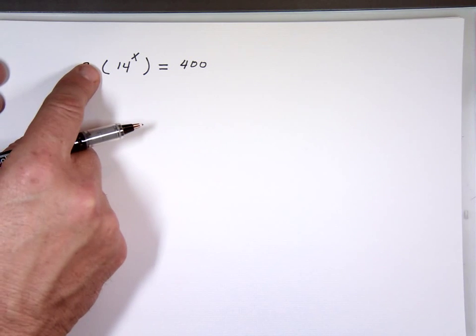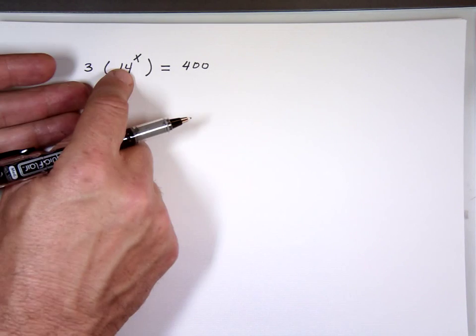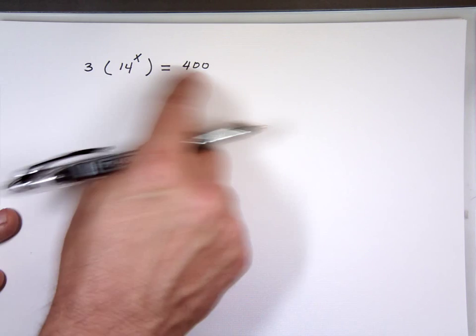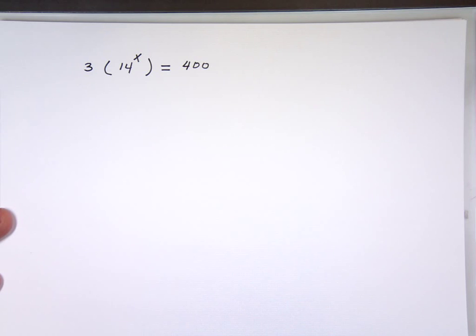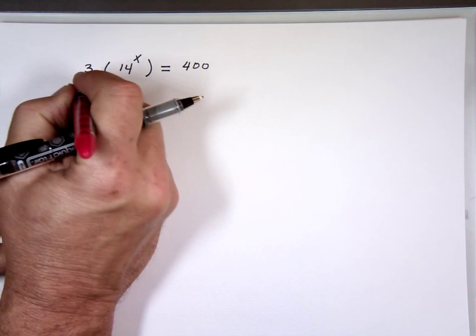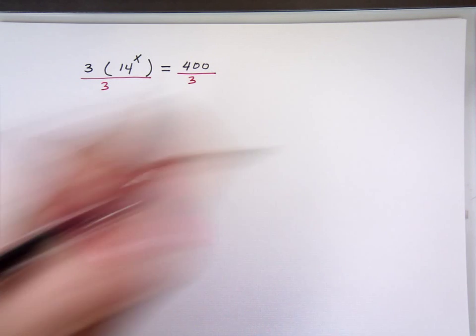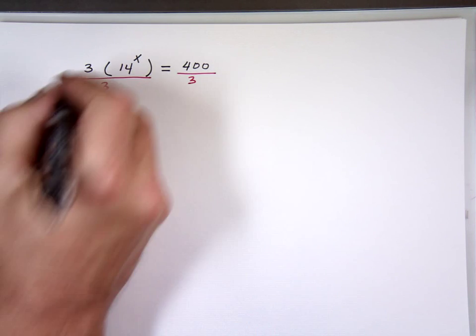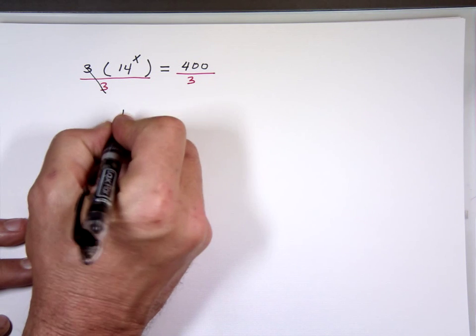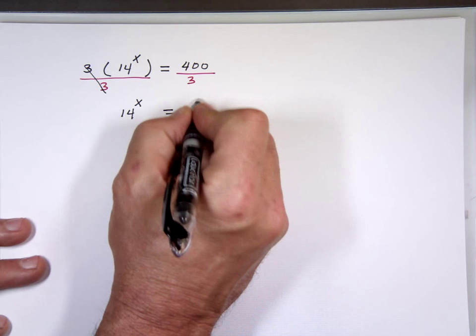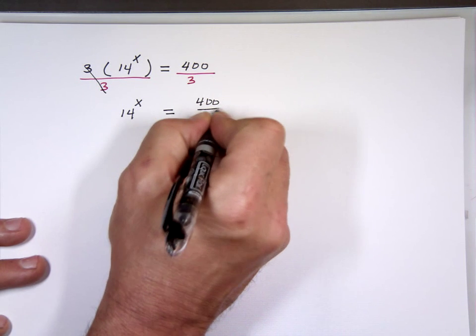The log of 3 plus. So it's easier if you just divide both sides by 3 first. It's always easier that way. 14 to the power of x equals what? 400 over 3. And leave it the way it is.